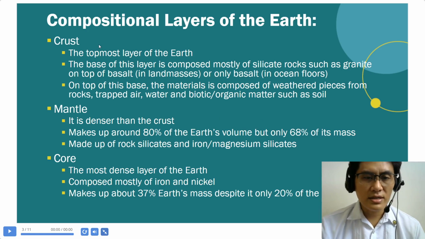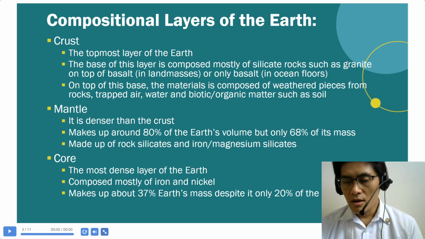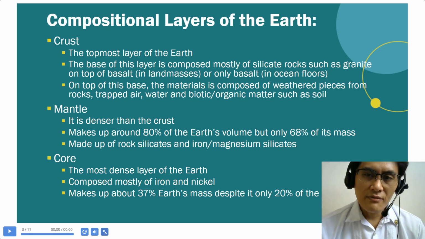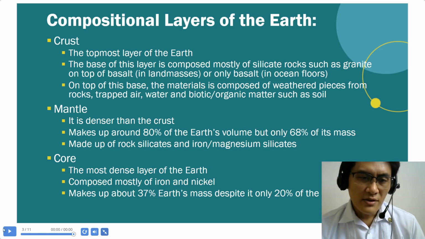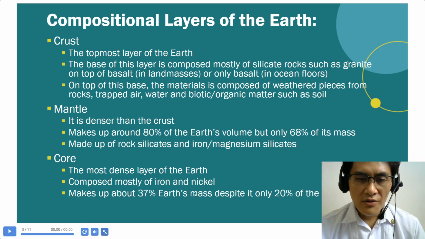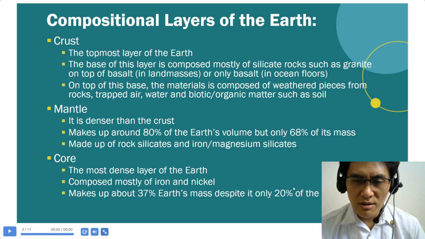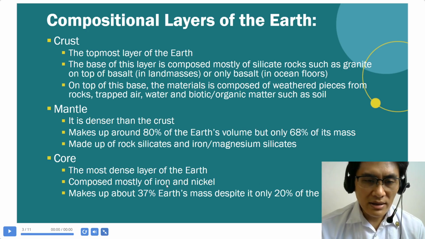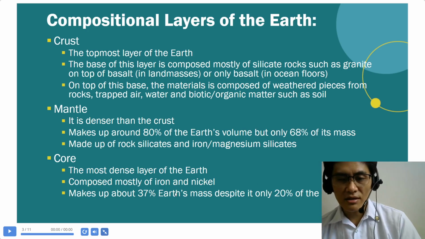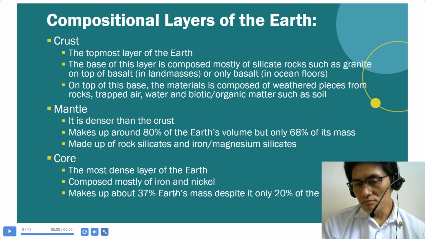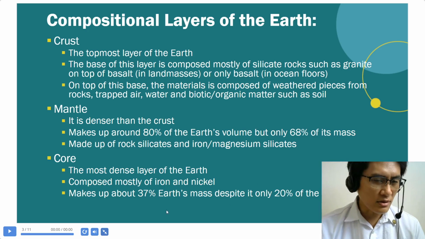You have the crust, the mantle, and the core. By the way, a very interesting thing to note, the core is just 20% of the Earth's volume, but it contributes 37% of its mass. So, small volume, big mass.